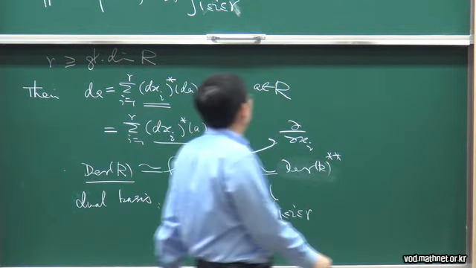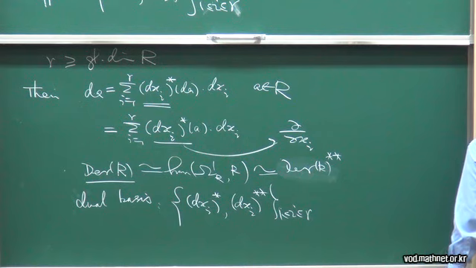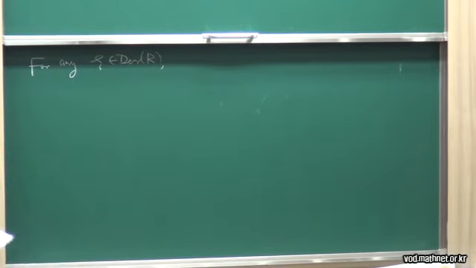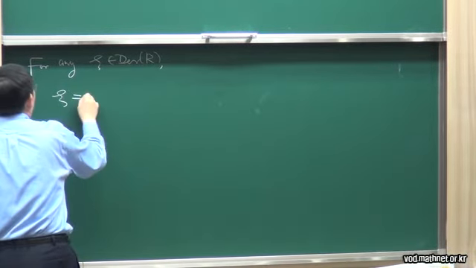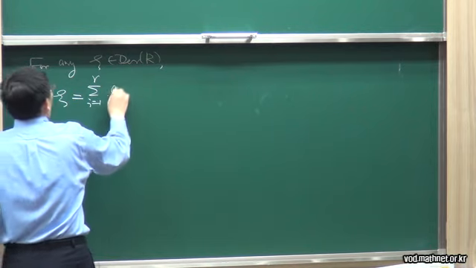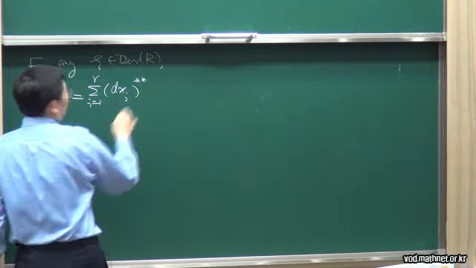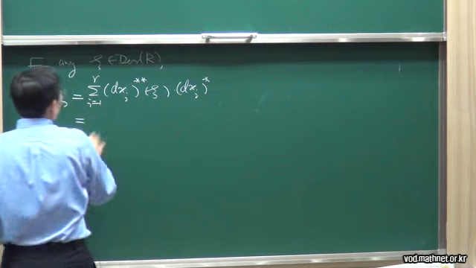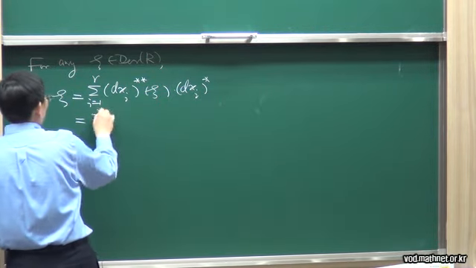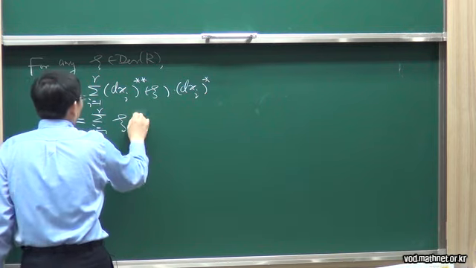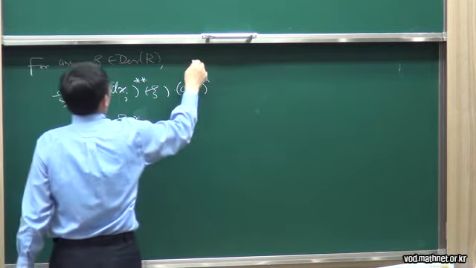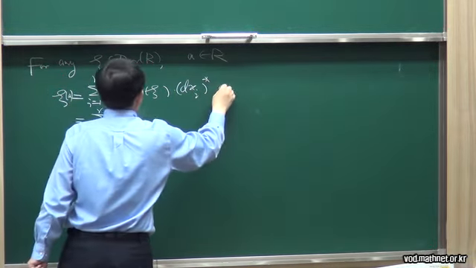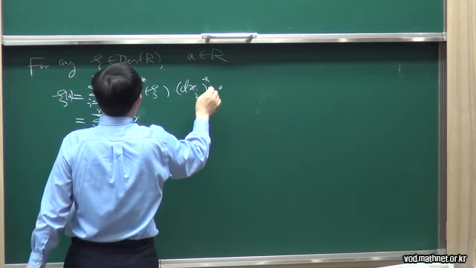Then for any derivation psi from R to R, this one is equal to, also by the dual basis, acting on this one and the dx_i star. And because this is evaluation, this is just psi of a.